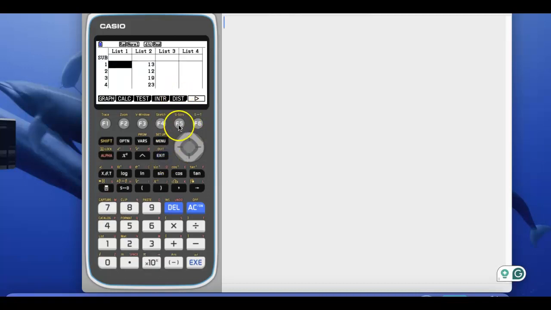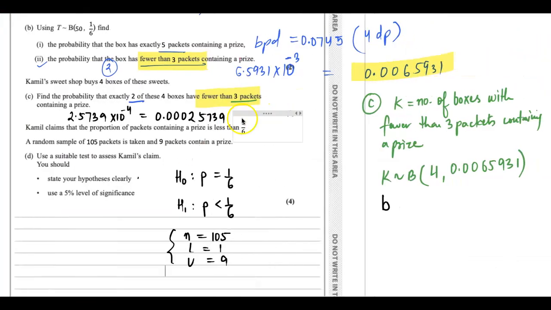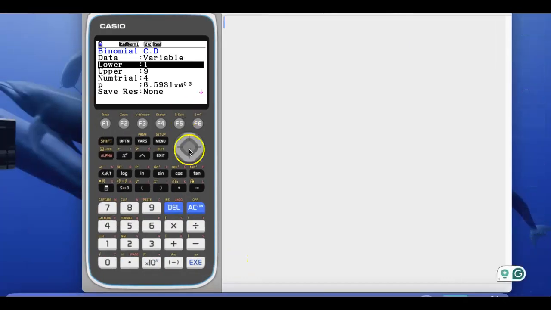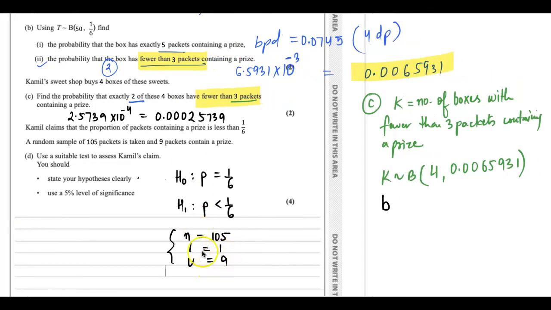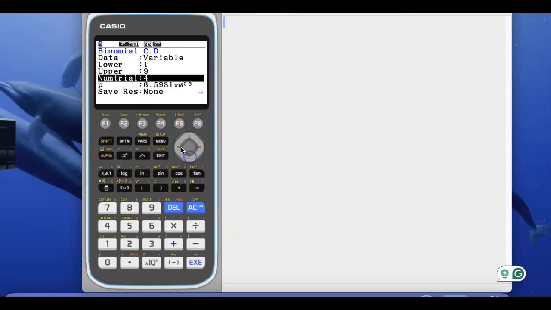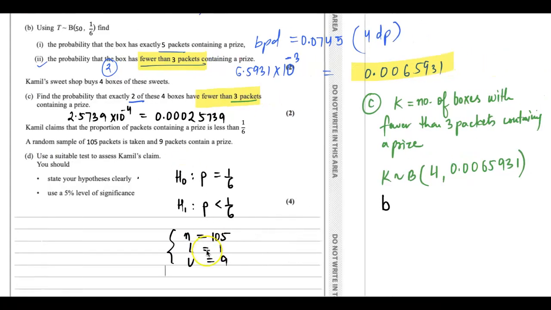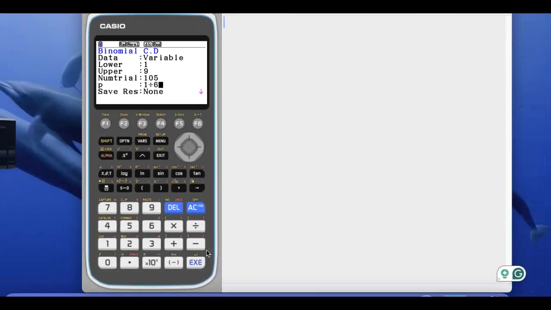This time we use distribution, binomial, and BCD, where we take the lower value to be 1 and the upper value to be 9. The number of trials is 105, and the probability is 1/6. Let's see what it gives.